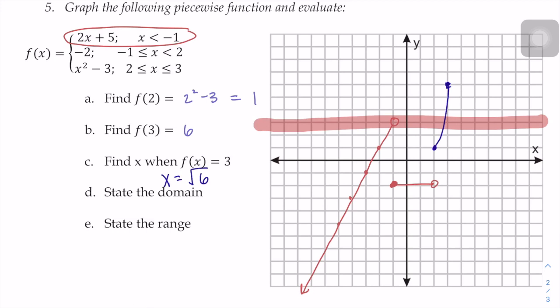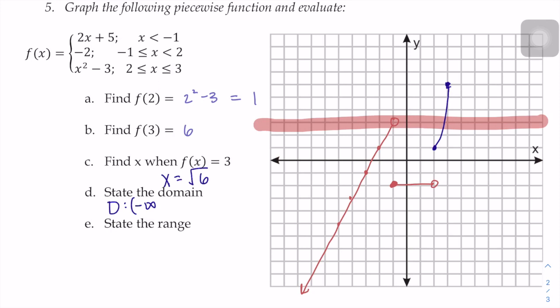Last two parts is our domain and range. Your domain you could do from just your piecewise function itself, not really needing to look at the graph. We know that our domain is going from -infinity. And we continue on because we include -1 in the second part. We include 2 in our third graph.